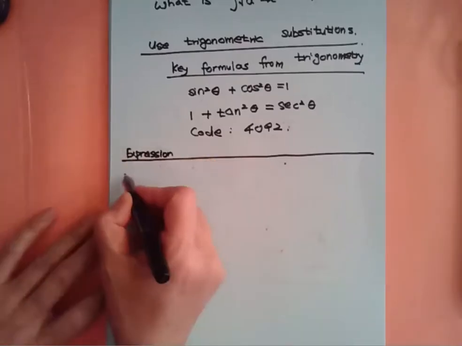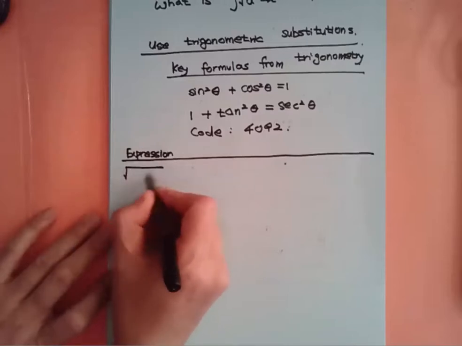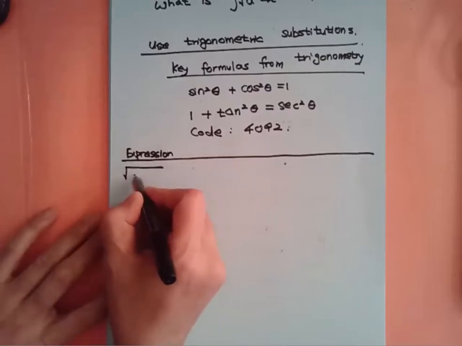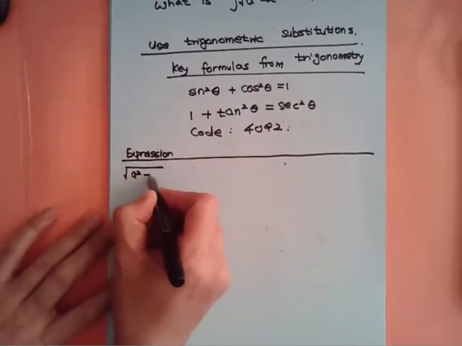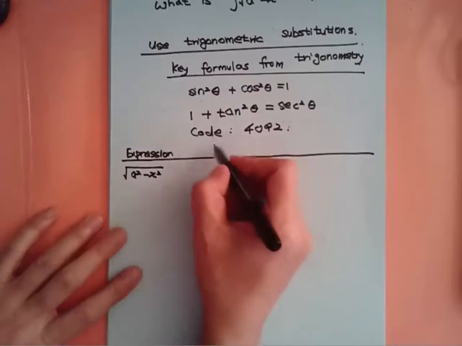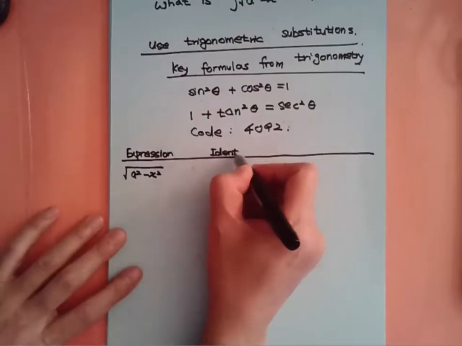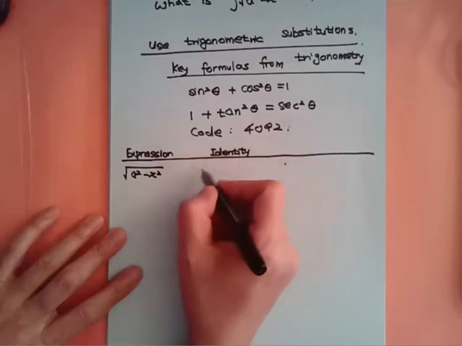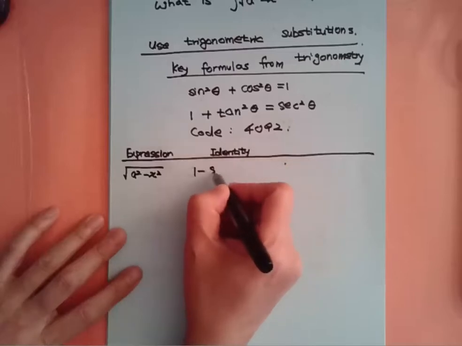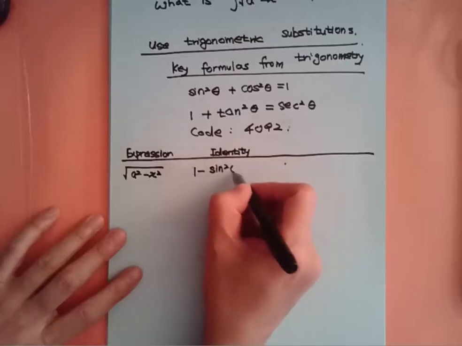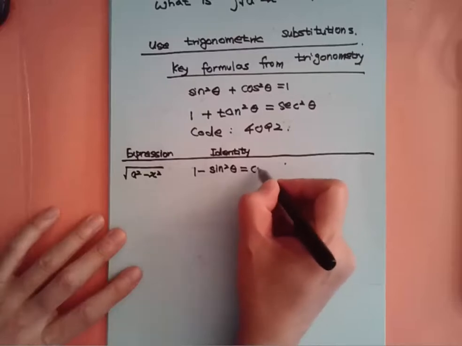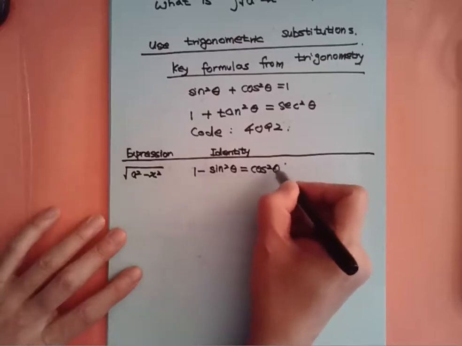On the left side, I will write the expression. We have a squared minus x squared. Then the identity we will use will be 1 minus sine squared of theta equals cosine squared of theta.